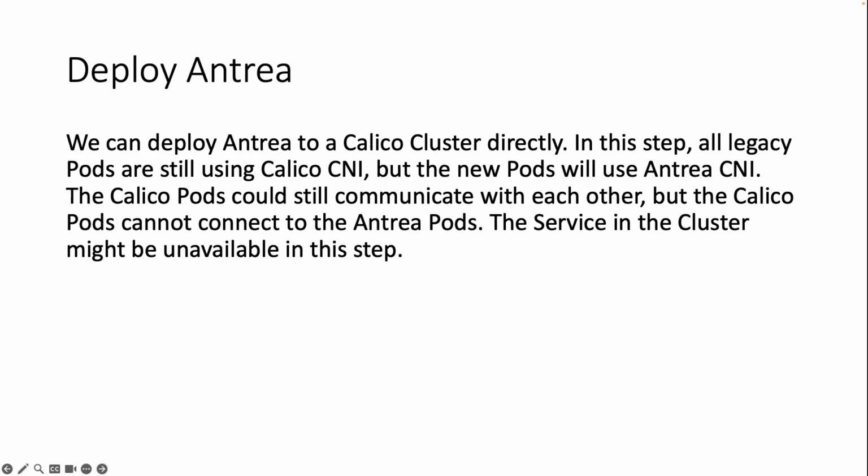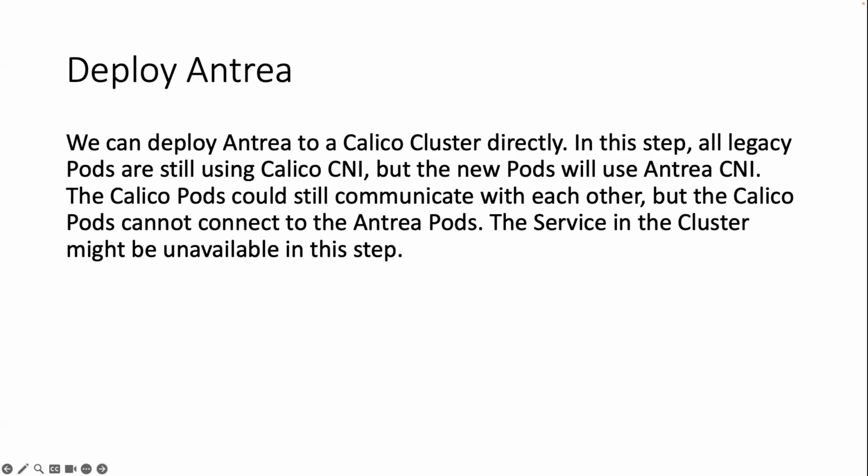Kubernetes uses CNI configurations in alphabetical order. So the Antrea configuration will start with A, and the Calico configuration starts with C. So the Calico migration configuration will be overwritten by Antrea.